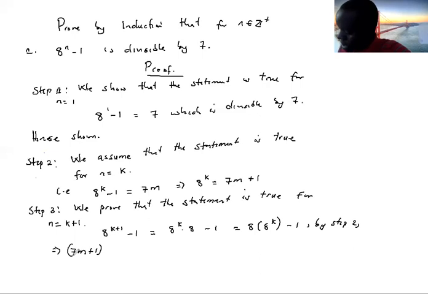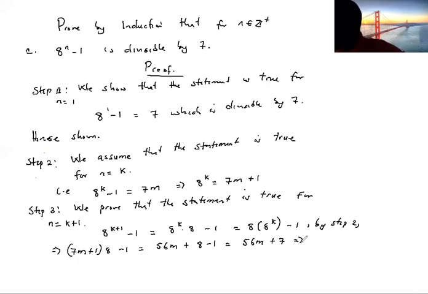Then we multiply by 8 minus 1. If you expand this, 7 by 8, we get 56m, plus 1 by 8, we get 8 minus 1. This becomes 56m plus 7, and we can factor out 7 and have 7(8m plus 1).